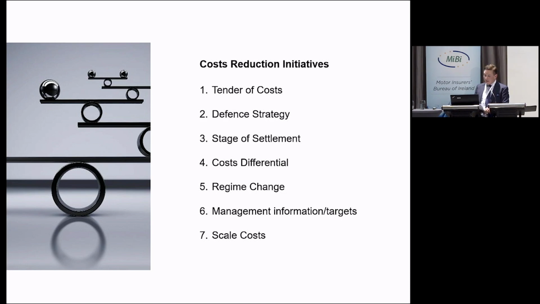The other thing is cost differential. How many times have we seen cases issue in the High Court that settle for Circuit Court costs? There may be reasons. Sometimes there aren't reasons, good ones anyway, as to why they issued in the High Court.